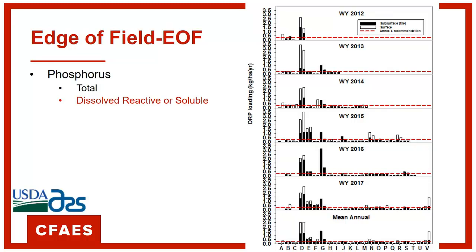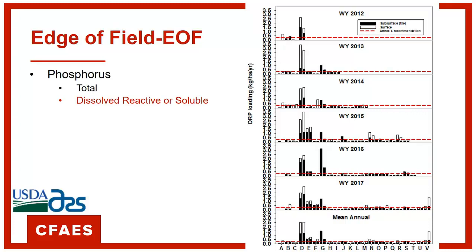Then the red line thrown in there is the line for the Annex 4 targets in relationship to loading. If we divided those over all the acres in northwest Ohio, that would be a target load. So it just gives you some perspective there. This happens to be just the DRP loading, and really I don't want to spend much more time with this other than to say, does every field contribute equally?